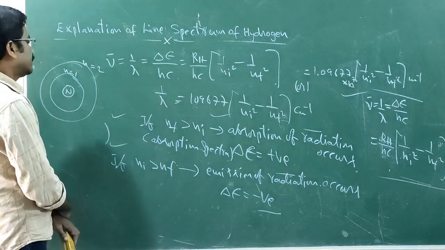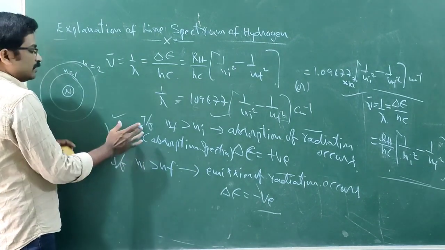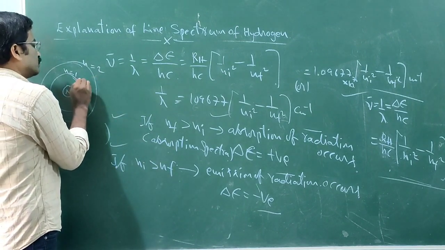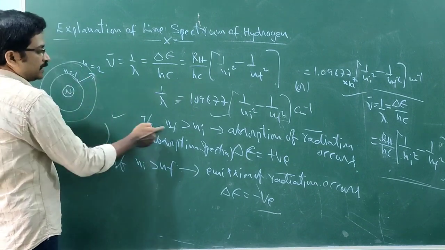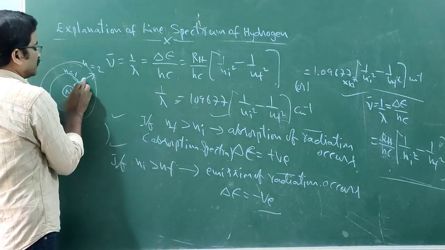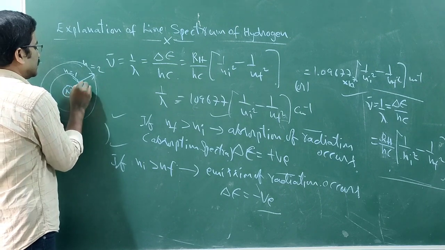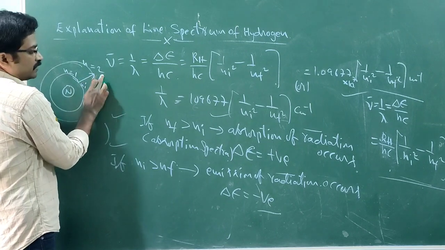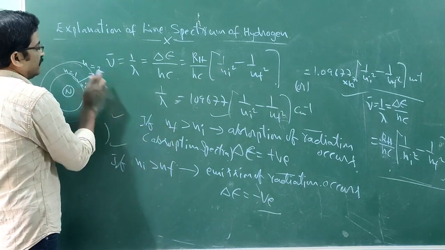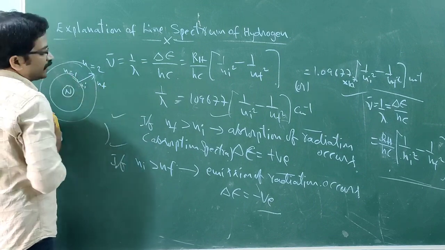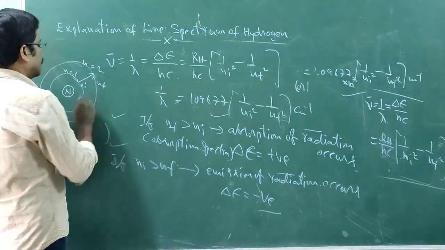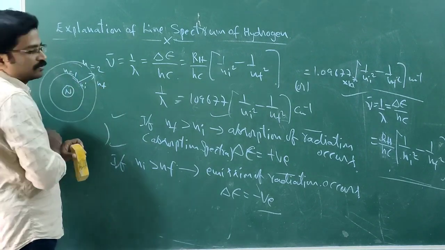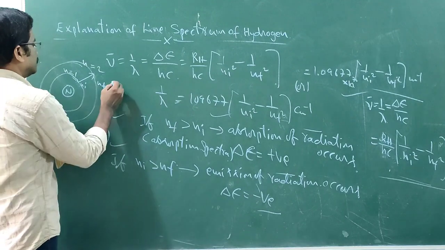When the electron goes from N is equal to 1 to N is equal to 2, this is final and that is initial. The final state is a higher value, N is equal to 2 is bigger than N is equal to 1. So here absorption takes place. The electron goes from initial 1 to 2. This means absorption.